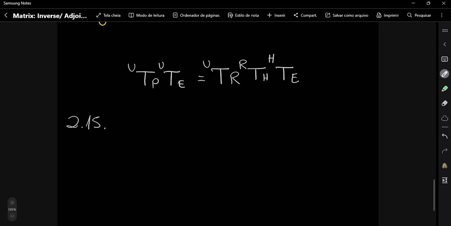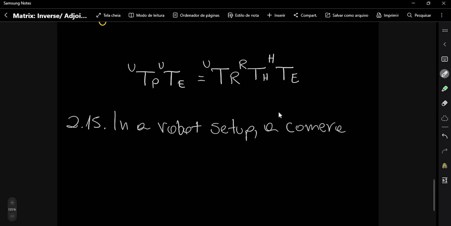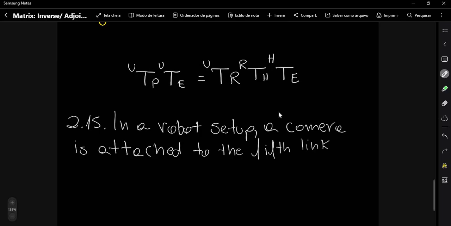It says that in a robot setup, a camera is attached to the fifth link of a six degree of freedom robot.